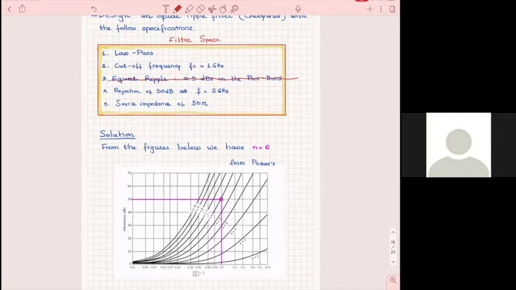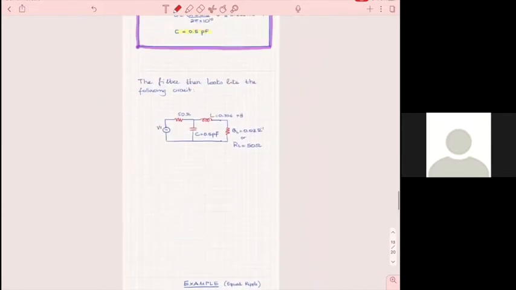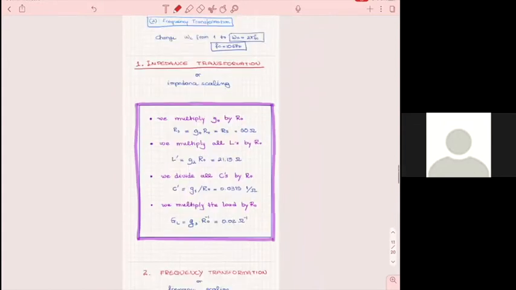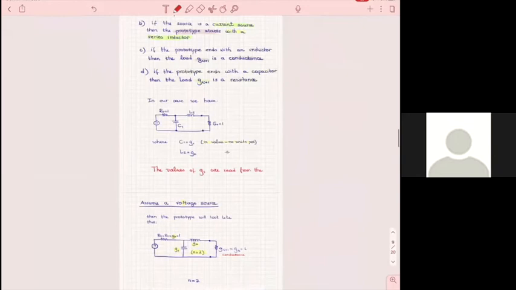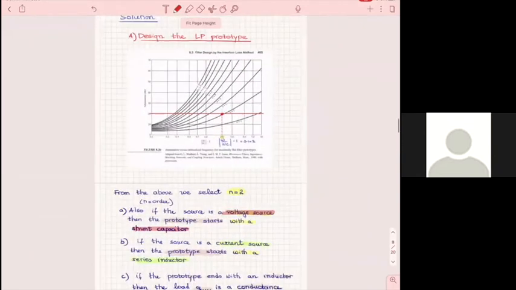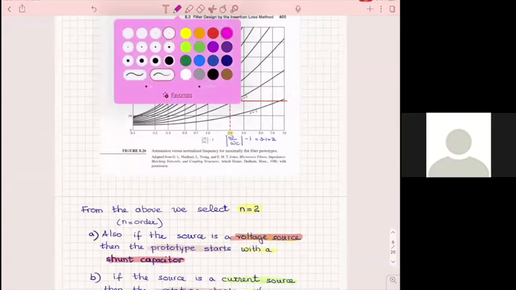And now I look at the previous table. You don't know whether it's going to be a low pass or a band pass, but I'm going to the previous table, this one, okay? And in this one, look at this. It says that if I want to have 50 dB, I'm going to draw some new lines here.